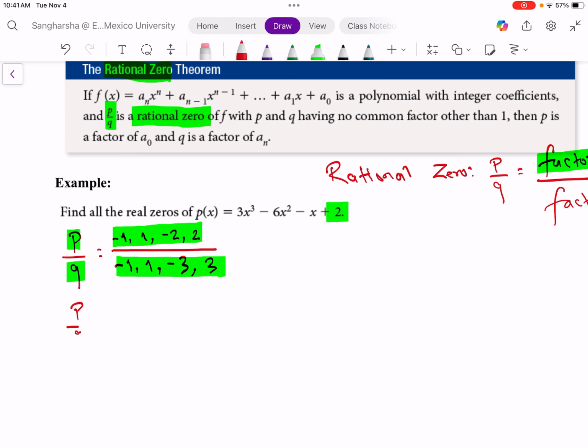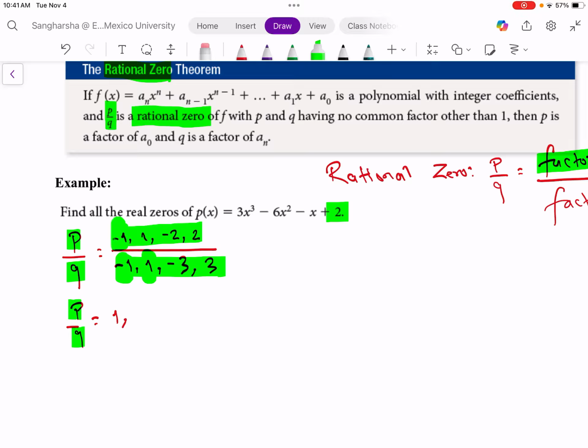Now you take each number one by one. Let's take p equals negative 1 and q equals negative 1. So what will be p over q? 1, right? Negative 1 divided by negative 1 is 1. So 1 is one rational zero. We have more here. Next, let's take negative 1 as p and 1 as q.